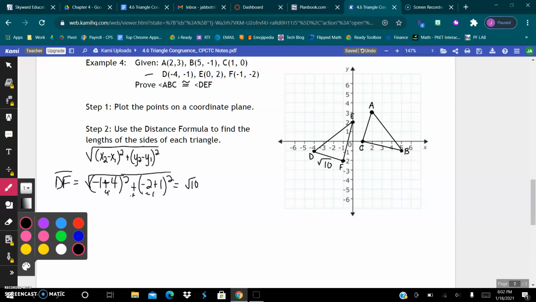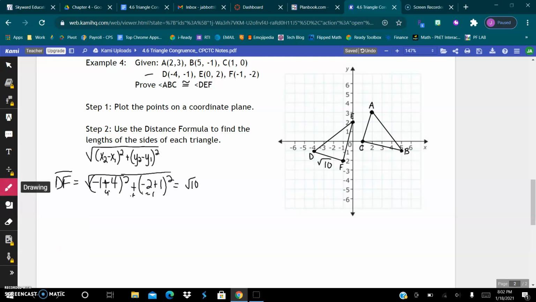Then we're going to go FE. So again, I'm going to look up there and look at F and E. E is first, so it's going to be my number 1. And F would be number 2. So x out of the second is going to be a -1 minus x out of the first is 0.